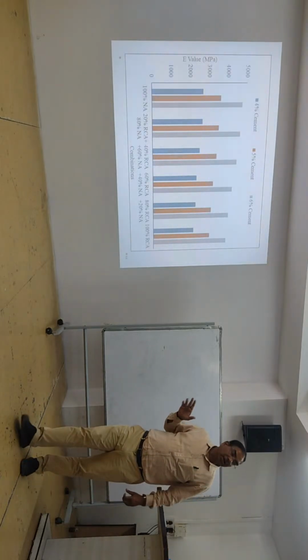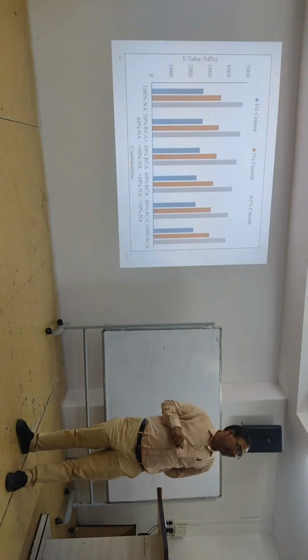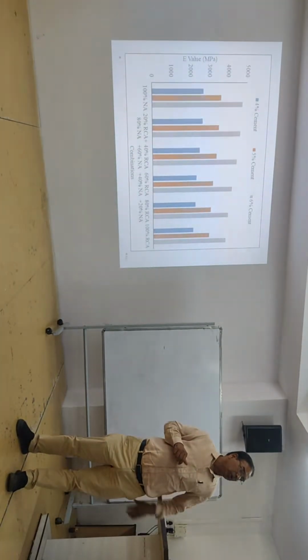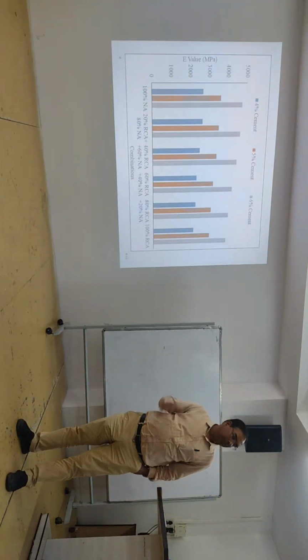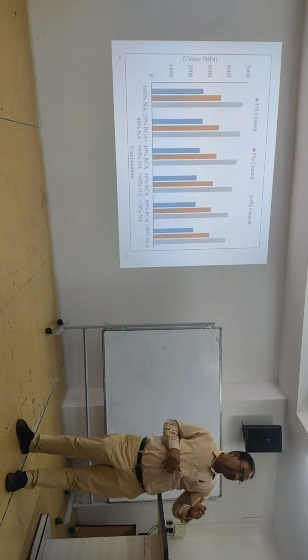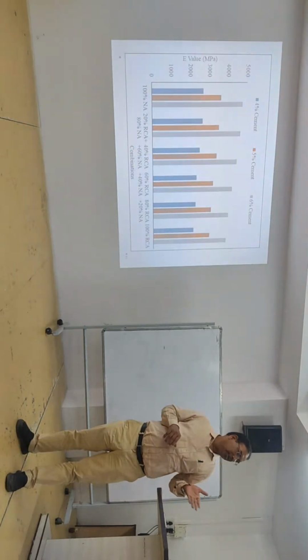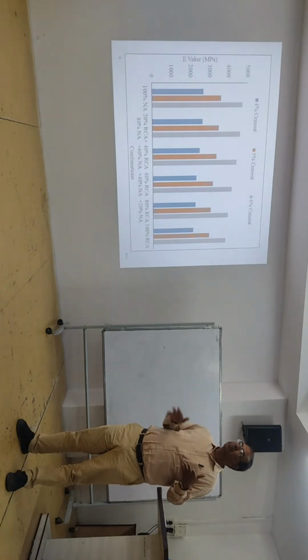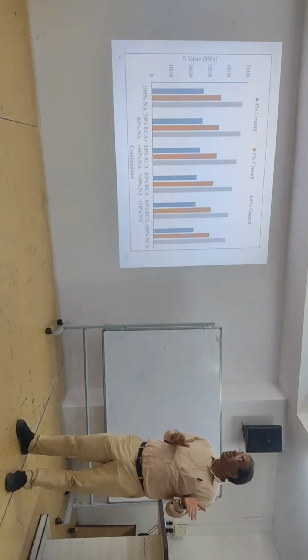So you can also see the strength. Nowadays we don't use CBR, because CBR is a static measurement of the strength of the road. So now we are using modulus of resilience, or E value. Modulus of resilience means how much resilience your material is having. The E value is stress by strain, as all of you know, called the modulus of elasticity.